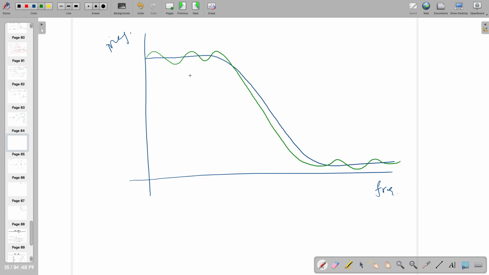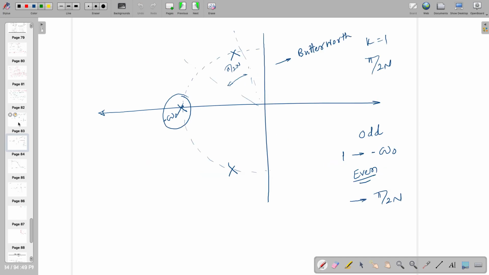This all depends on where you are keeping your poles and zeros. So Butterworth told that if you want to see the blue kind of curve where it's maximally flat, such a thing is only possible if you keep your poles on the unit circle. This is what I was saying, right? And this we already proved from the equations.